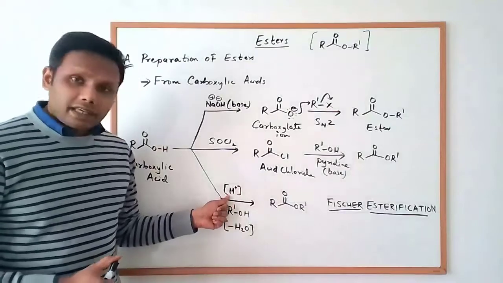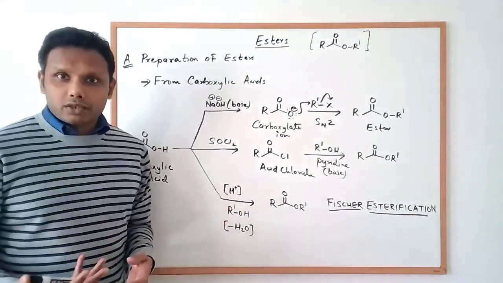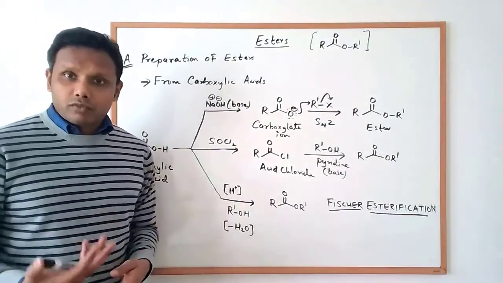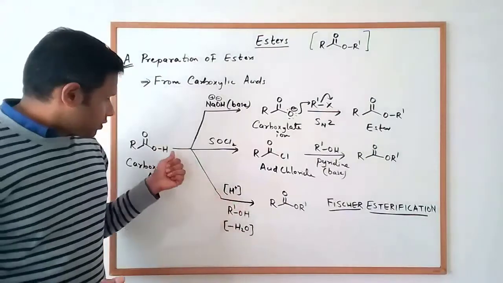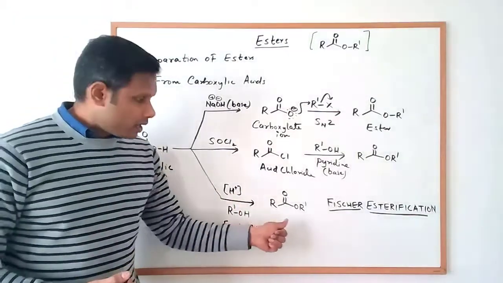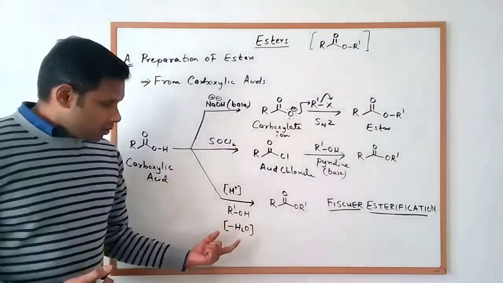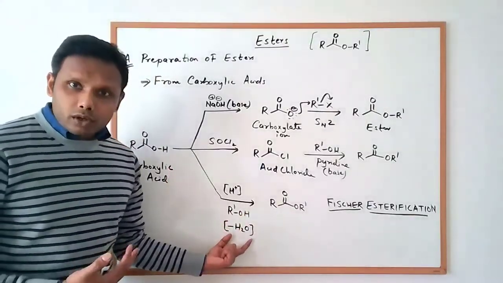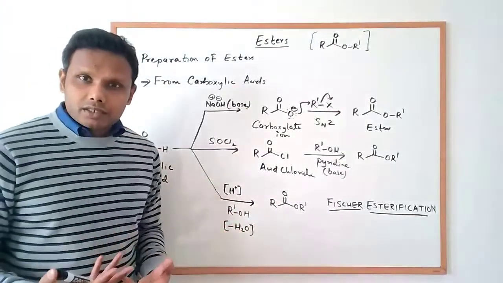This reaction is catalyzed by acid, so sulfuric acid or para-toluene sulfonic acid, one of those acids can be used. And this reaction converts the carboxylic acid and the alcohol into an ester. Overall, this reaction results in the loss of a water molecule, so you can view this as a dehydration in some sense.